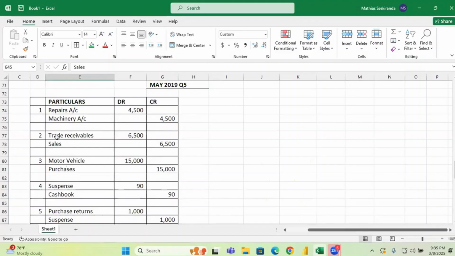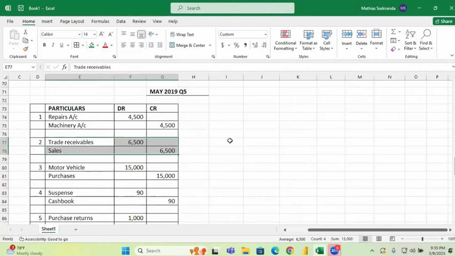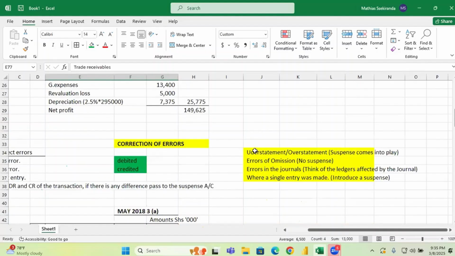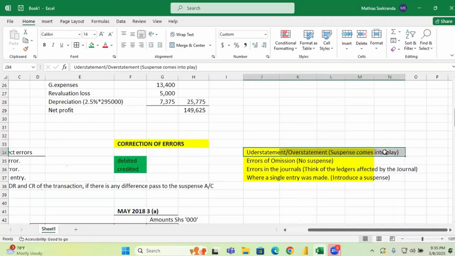So where will you get the suspense now? Even if you have an understatement or overstatement in the journals, please don't bring the suspense. However much I say, any understatement, overstatement, that works, but other than journals. An understatement or overstatement in the journals, don't bring any suspense anywhere.